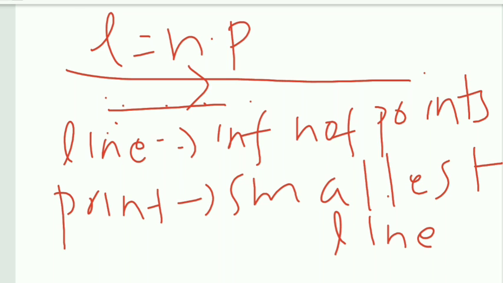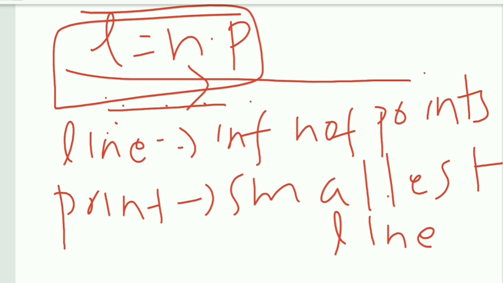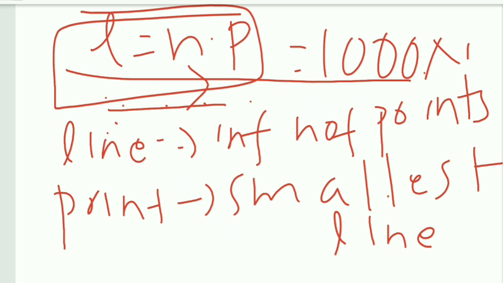So a line can be expressed as the number of points times the fundamental point p. Suppose my line has 1000 points, so I can write L is equal to 1000 p. Yes or no? Because it is made up of 1000 points, I write it as 1000 p.